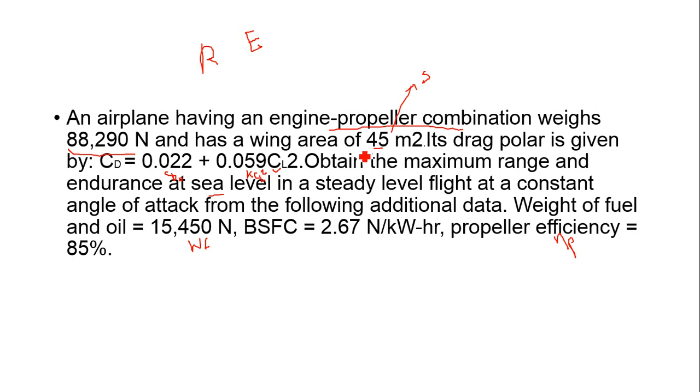Initially the weight of the airplane with the engine propeller combination is W1, equal to 88,290 Newton.